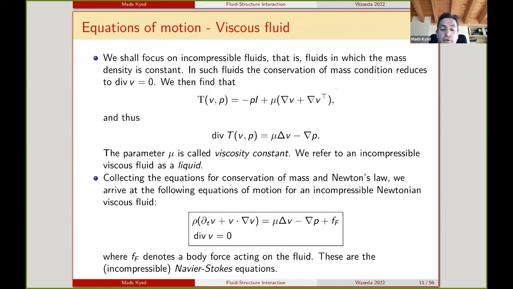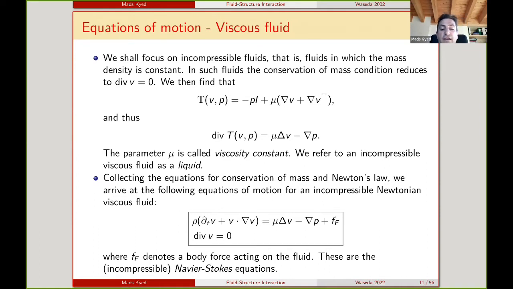Okay, so collecting the equations for conservation of mass and Newton's law, we arrive at the following equation of motion for an incompressible Newtonian viscous fluid. So rho times the Eulerian acceleration, which is given by the partial derivative of v in t plus v dot grad v, is equal to the divergence of our Cauchy stress tensor, which is given by the expression mu Laplace v minus gradient p, plus whatever external body force F you may have in your system.